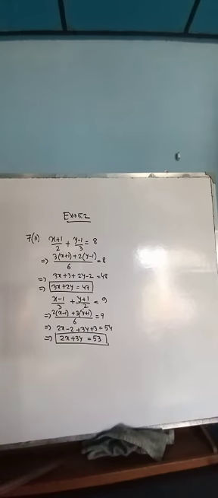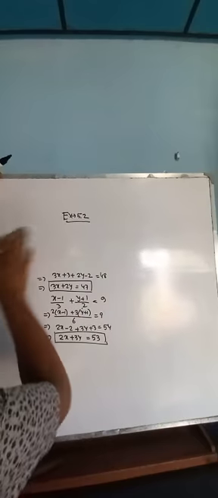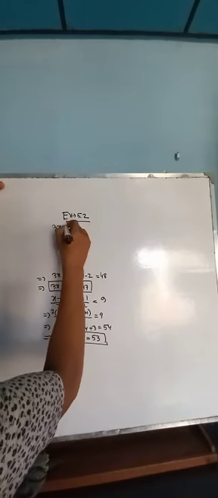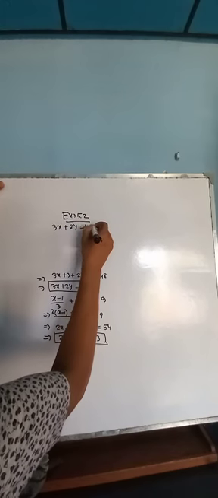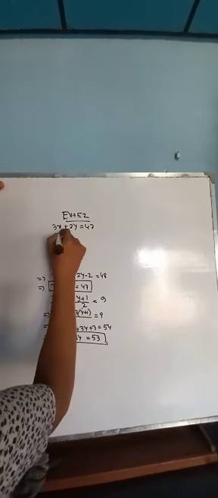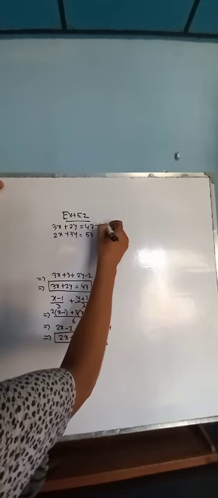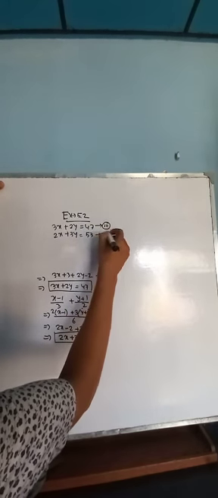Okay, so now I have to do the calculation using these two. First I will write 3x plus 2y equals 47, 2x plus 3y is equal to 53. This is equation number 3, this is equation number 4.